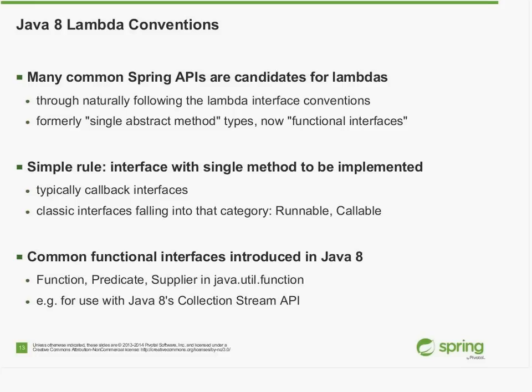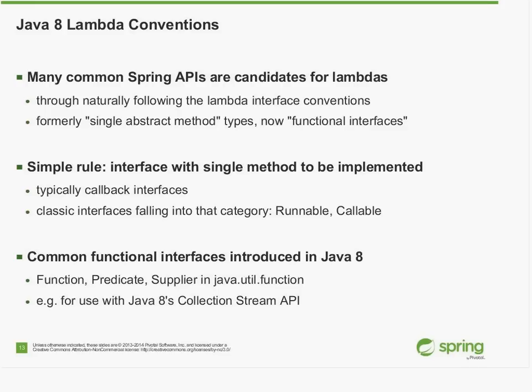So I would not expect many frameworks and libraries to start relying on them right now. However, for collection streams, they can immediately be used. If you'd like to do collection filtering, collection mappings of any kind, you'll find APIs in the JDK itself which make immediate use of those new java.util.function types. Anyway, it's all convention-based, one method callback interfaces basically, or more specifically, interfaces with one method to be implemented.